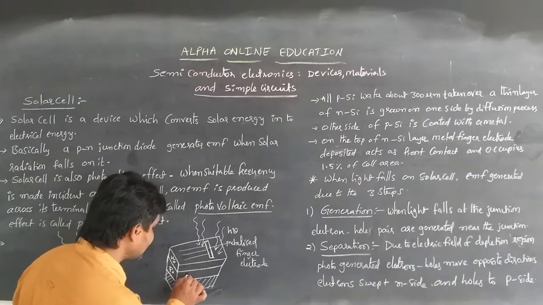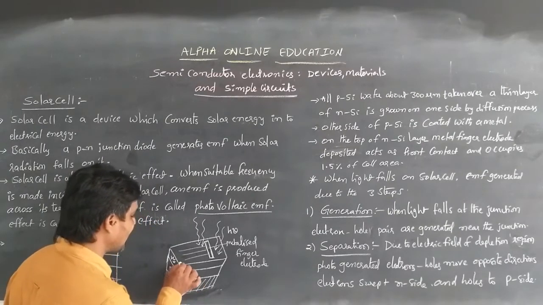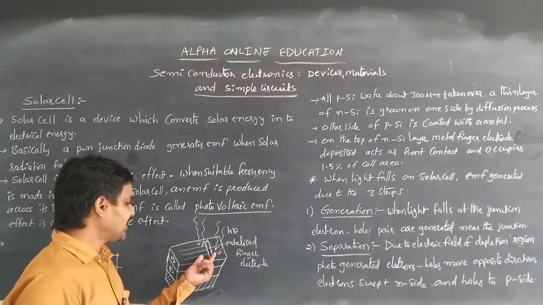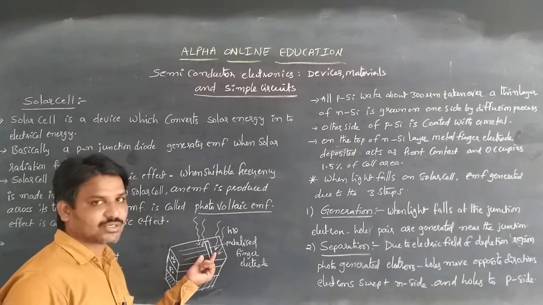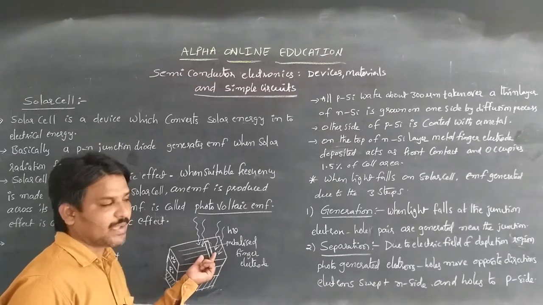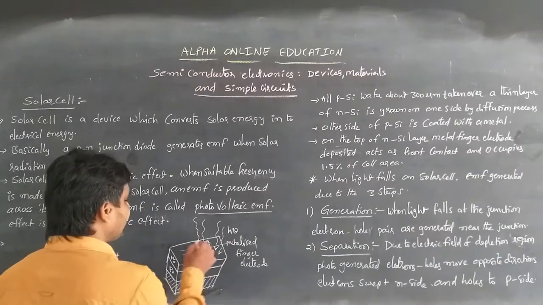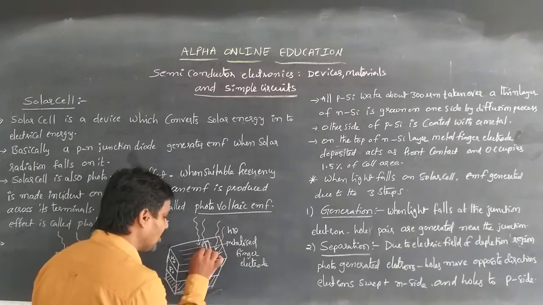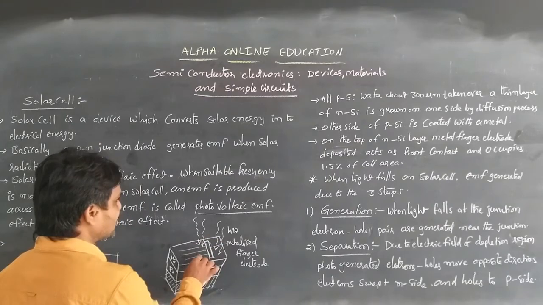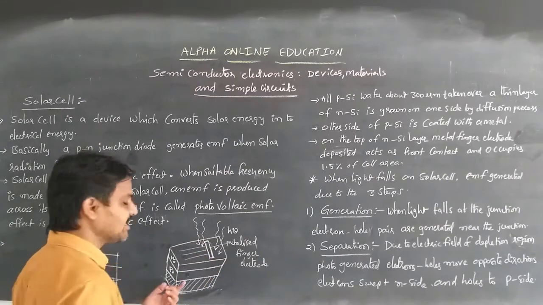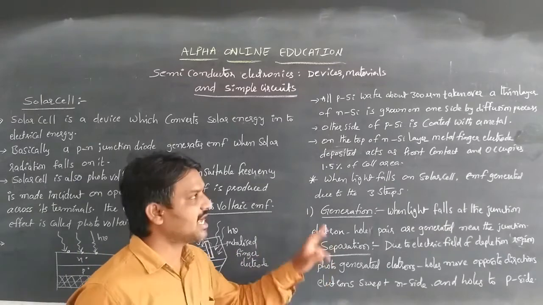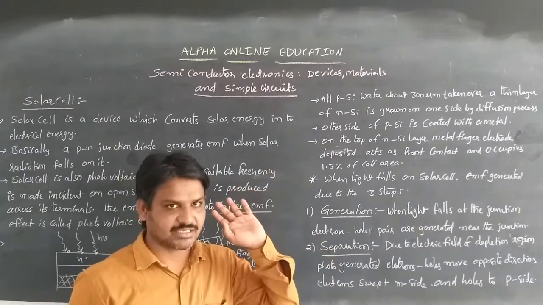A metallized electrode, occupying 1.5% of the total cell area, is fixed on the N side and acts as the front contact when light is incident on it. When the light falls on it, it produces an EMF, generated in three steps: generation, separation and collection.